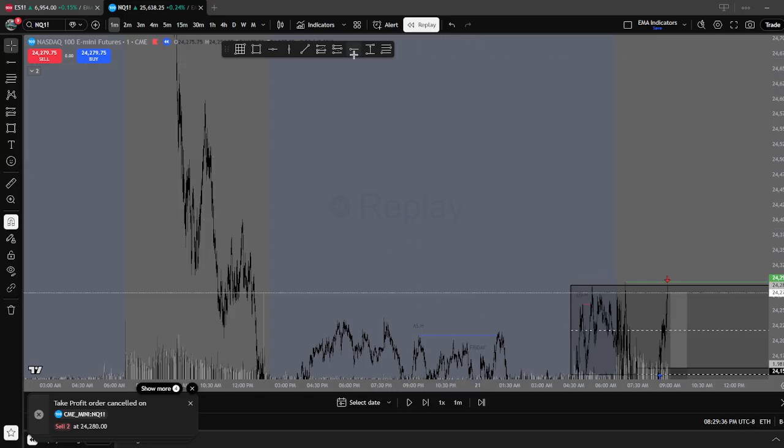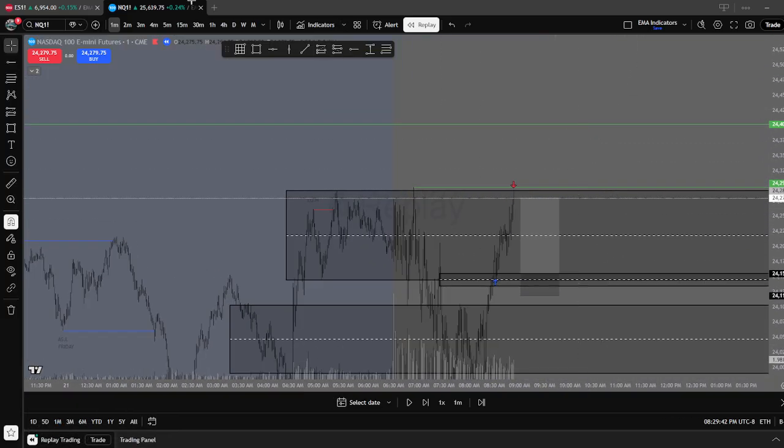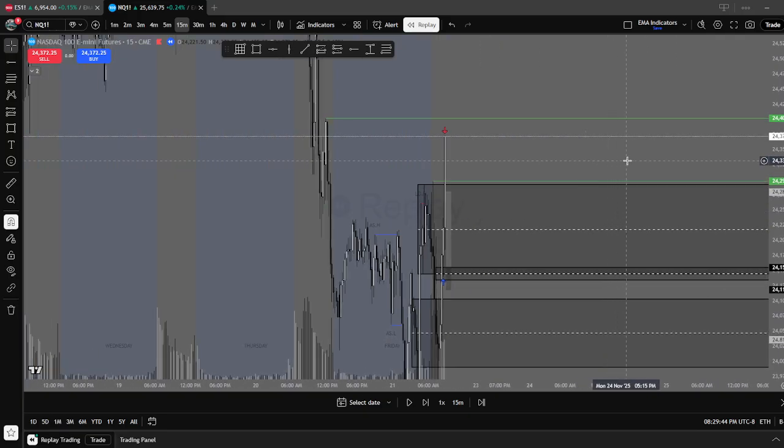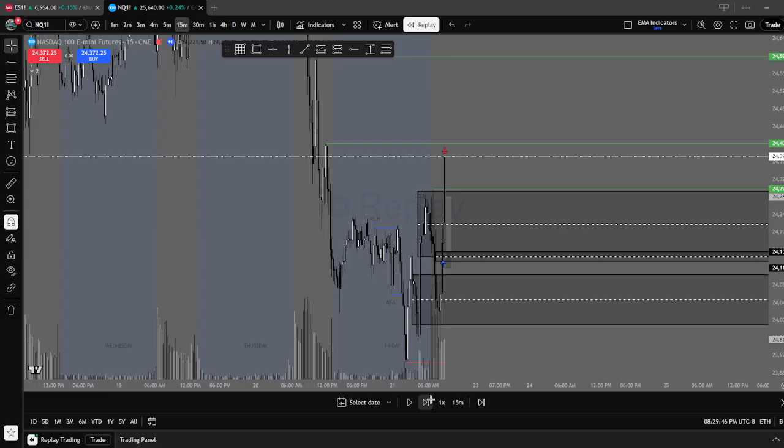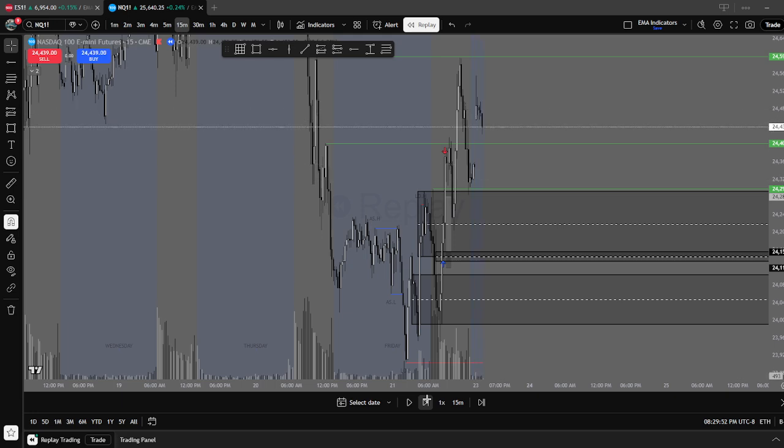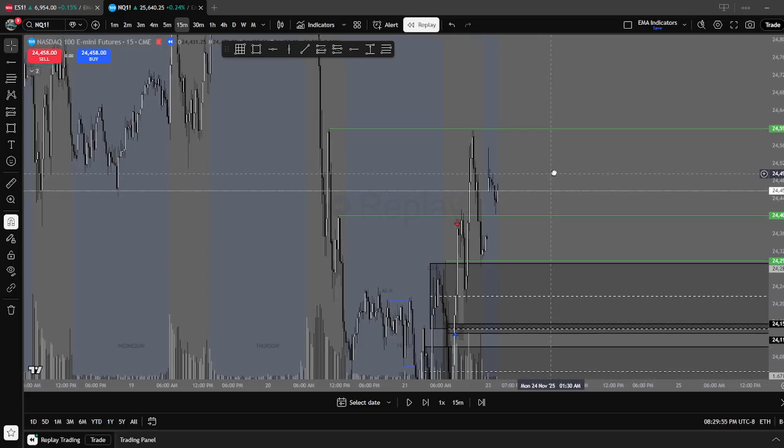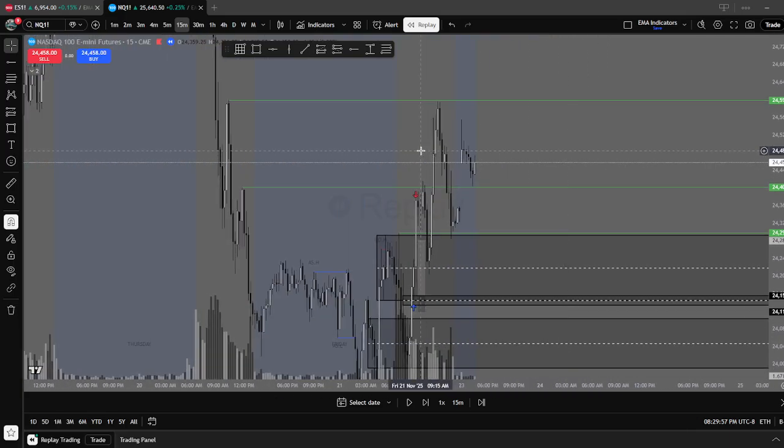We probably could have targeted higher highs, such as these and these. Let's just see how that would have played out. Yeah, it already looks like we would have. Definitely the first one, not the second one. But we would have exited out at 9:30, which would have been actually okay.